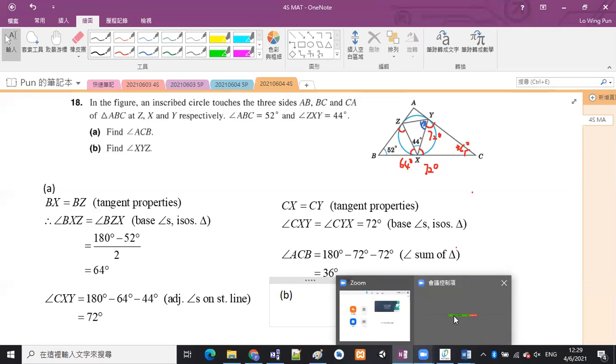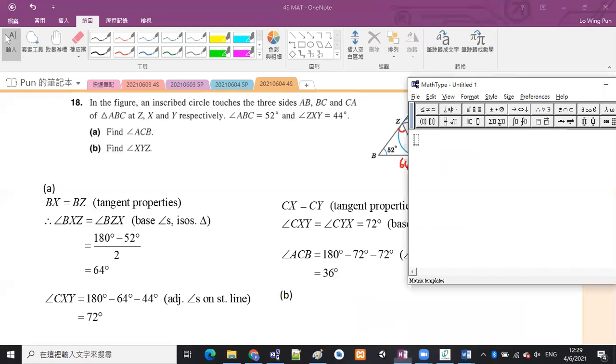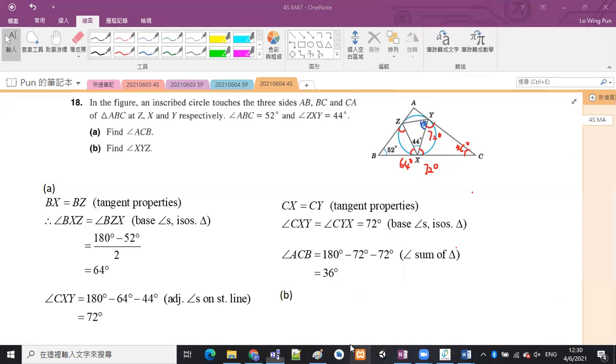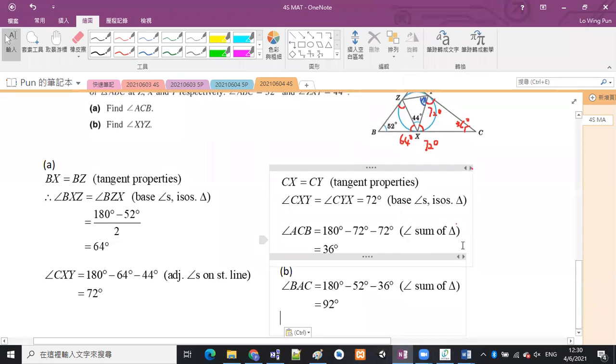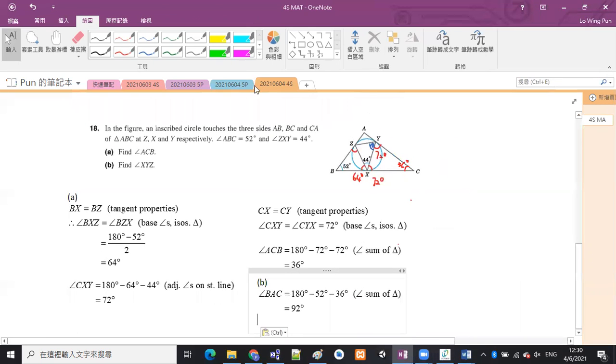So I can find angle BAC by angle sum of triangle. So angle BAC is 180 degrees minus 52 degrees minus 36 degrees. So it should be equal to 92 degrees. This one is 92 degrees.